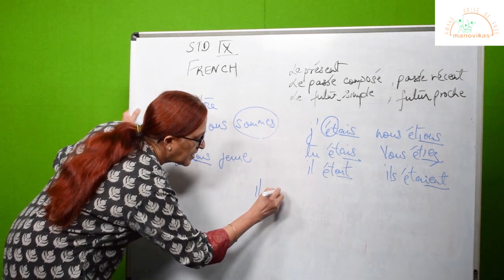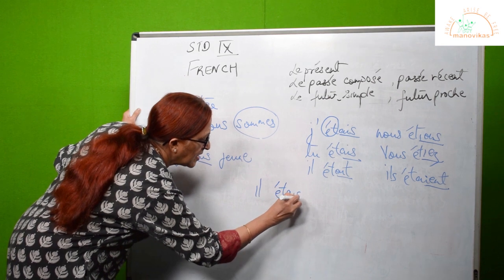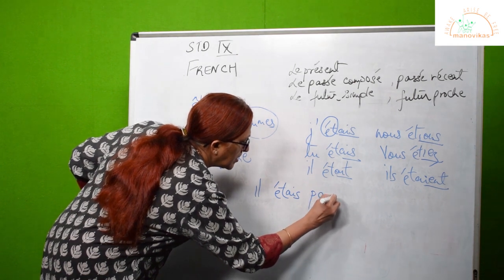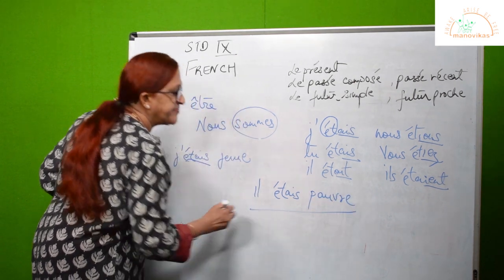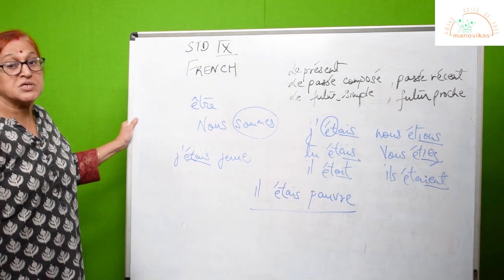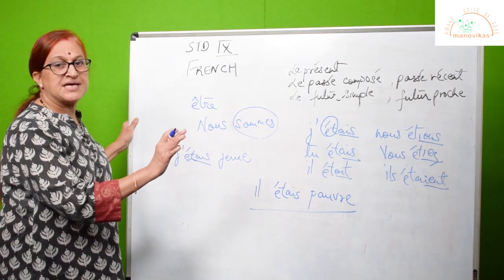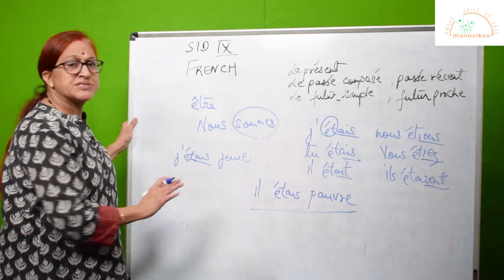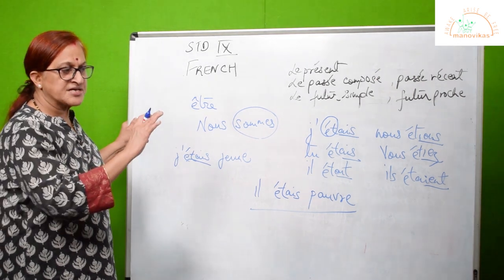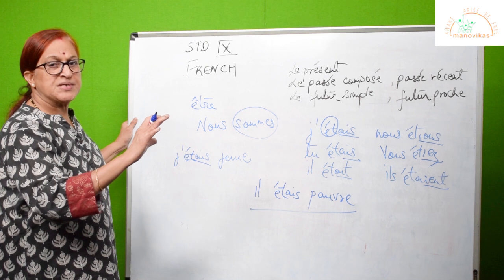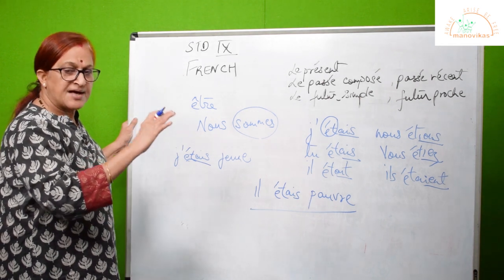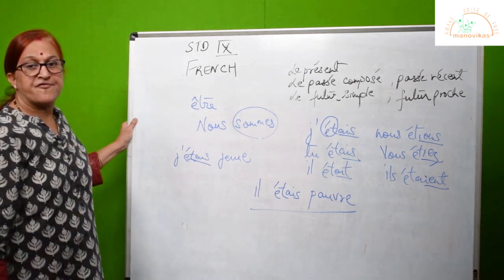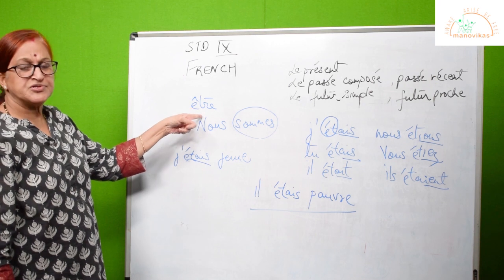Il était pauvre. What does this mean? He was poor. Now, he was poor for quite some time. It was not that he was poor and it was over. Here also in these cases we use the imperfect because the action continues for quite some time. I was young and he was poor. So it was imperfect.